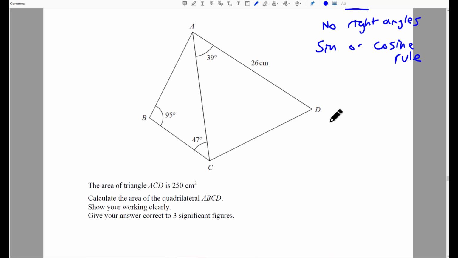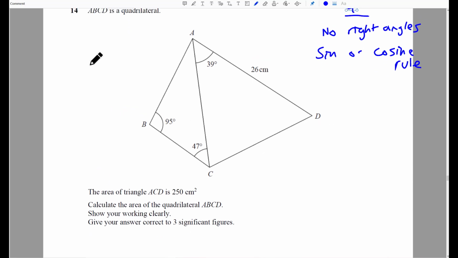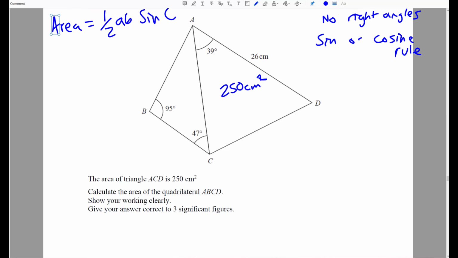Oh, we've got the area of a triangle. Well, I know the area of a triangle is this. So this is the area of the triangle formula. They've given us this fact, 250 here. And we want the area of the whole quadrilateral.